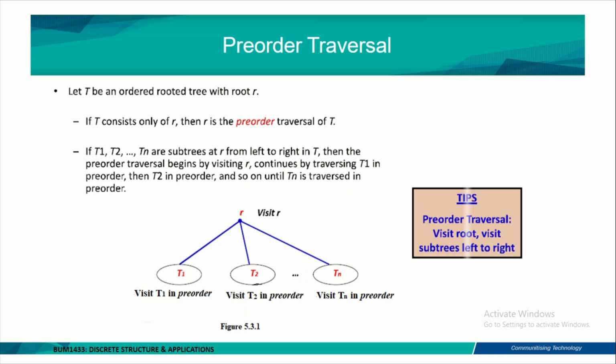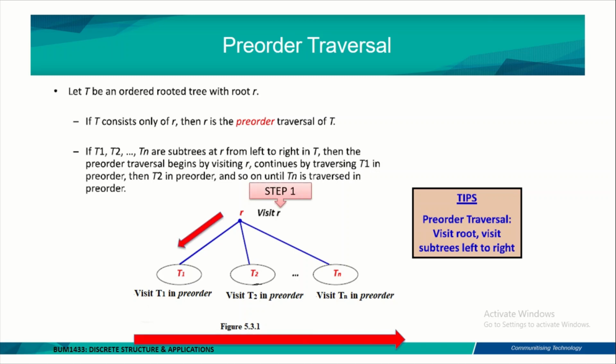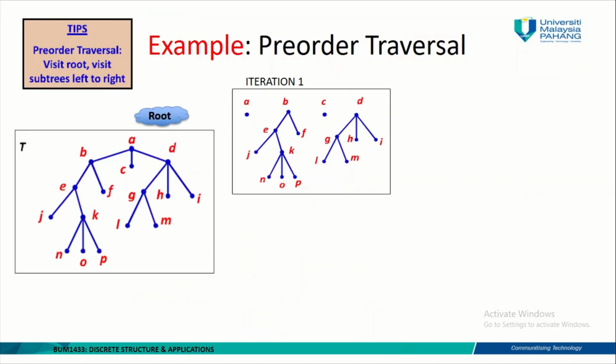So the tip for the pre-order traversal is we first visit the root, then we visit the subtrees from left to right. So let's see an example of the pre-order traversal.